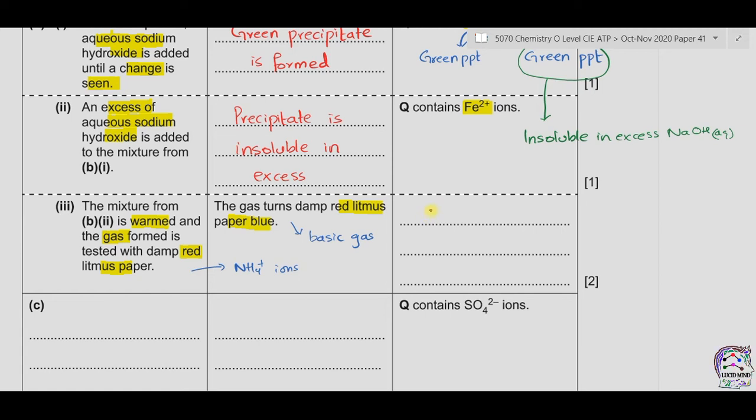So in conclusion, we can write that ammonium ions are present. And the gas that turns red litmus blue is ammonia gas, so we can write ammonia gas is formed.